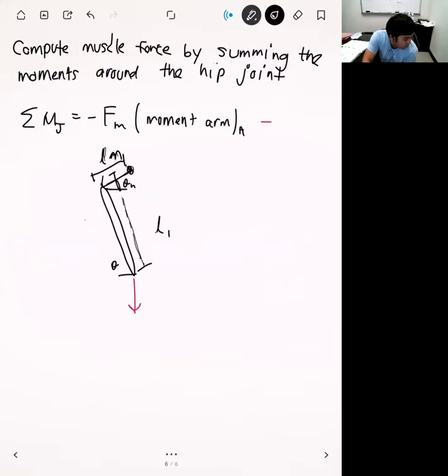And because this force is vertical, for a completely vertical force that doesn't pass through the joint, the moment arm is going to be a horizontal distance.